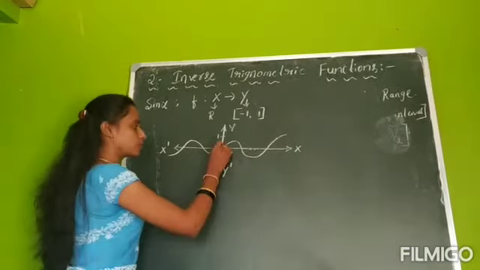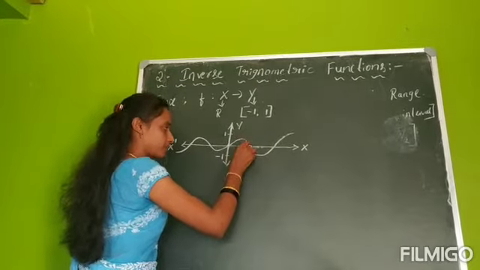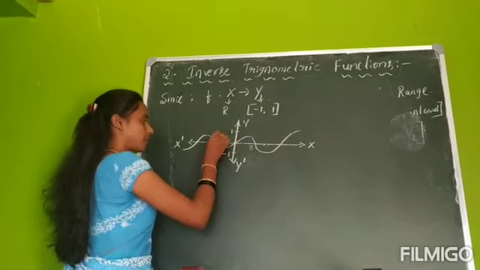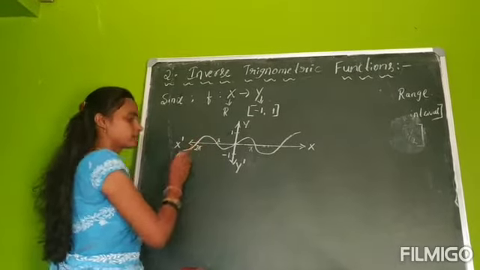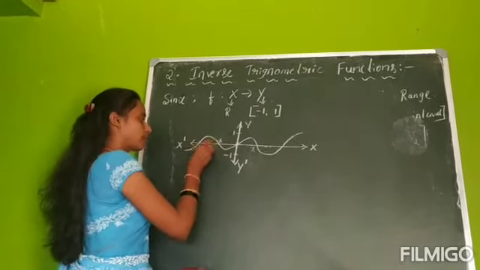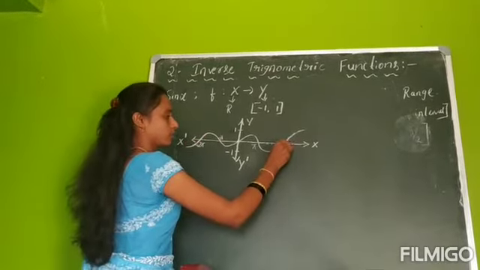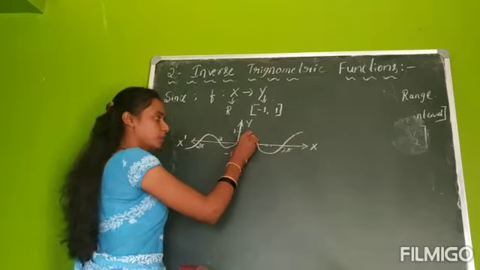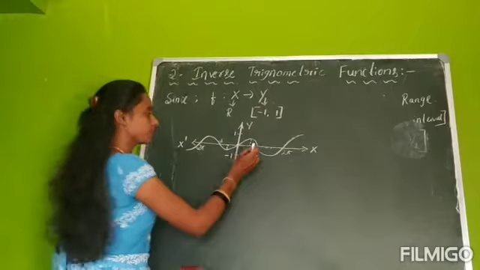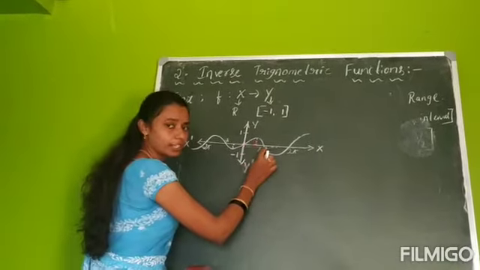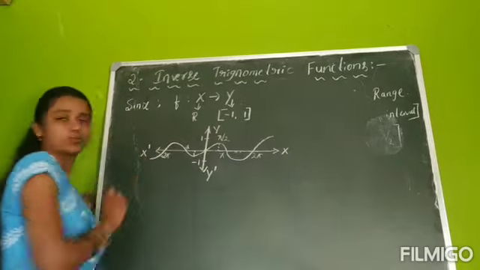Here is 0. If I take this as pi, that is 180. Here this is pi. Next you can take this as 2 pi, and on the negative x-axis both are negative, and this is positive 2 pi. In between, here you get 0 to 180, and in between this will be 90, which you can take as pi by 2.